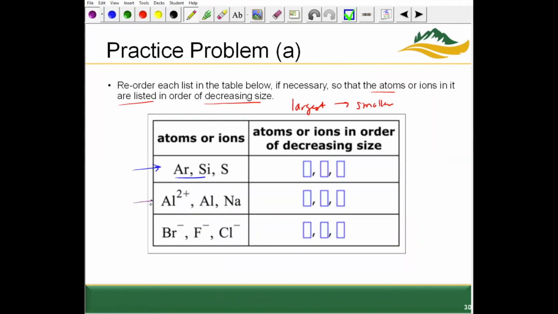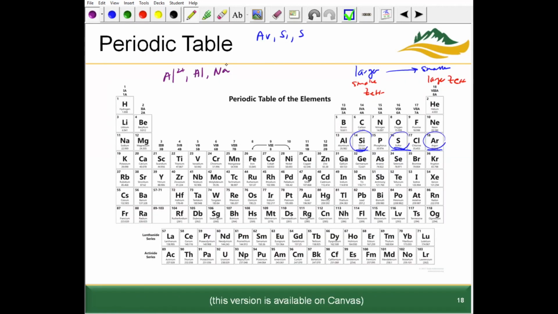Next, let's look at Al2+, neutral aluminum, and sodium. Typically, we see that aluminum will form 3+ cations, but let's take a look at this one and see. So just looking at sodium versus neutral aluminum, we know sodium will be larger than neutral aluminum. Then comparing neutral aluminum to the cation form, this has lost 2 electrons, allowing for the nucleus to pull in those electrons more tightly.